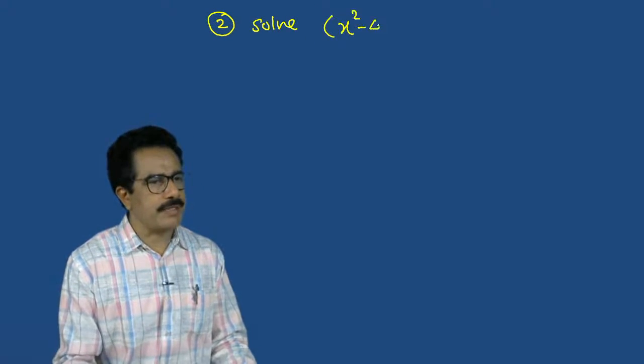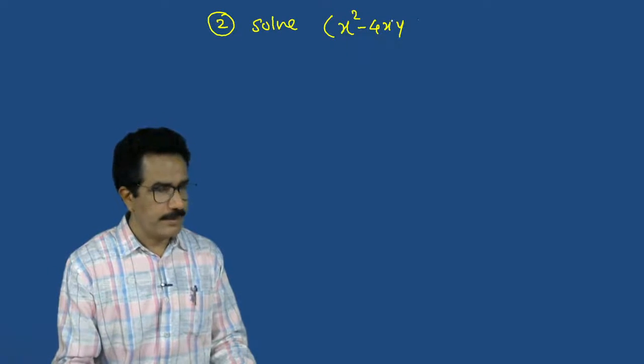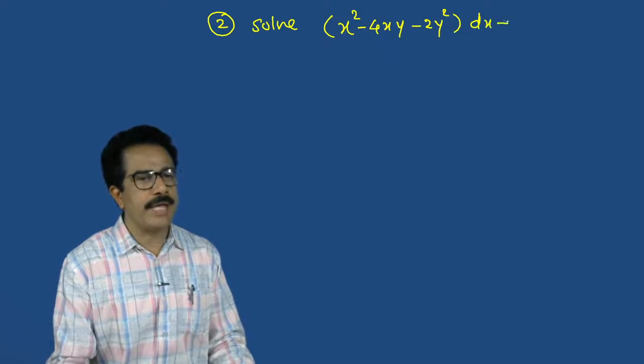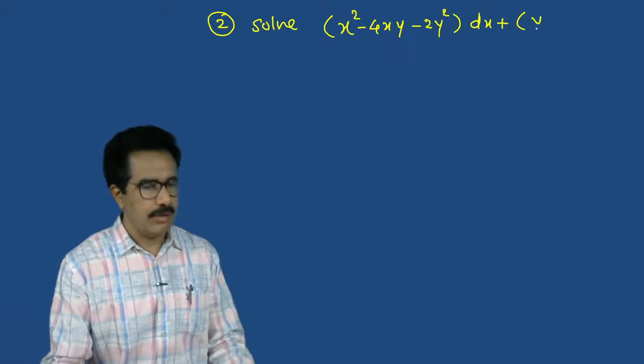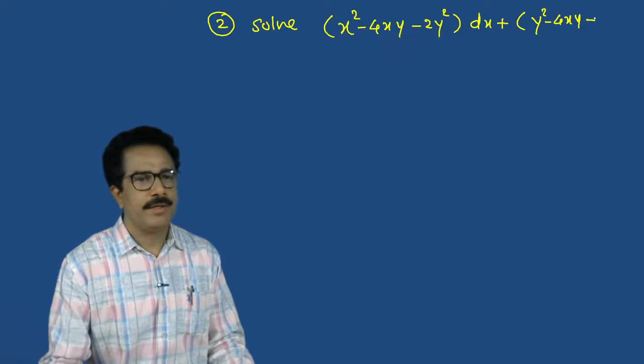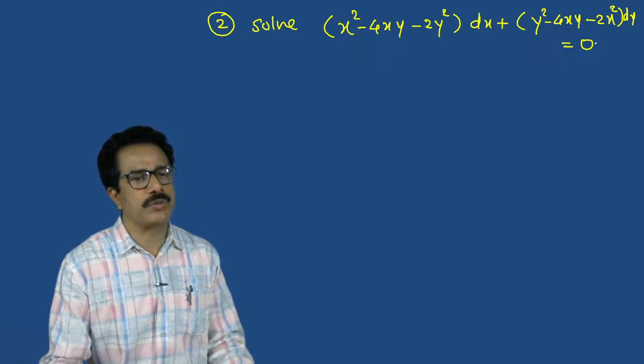Solve x square minus 4xy minus 2y square into dx plus y square minus 4xy minus 2x square into dy which is equals to 0.